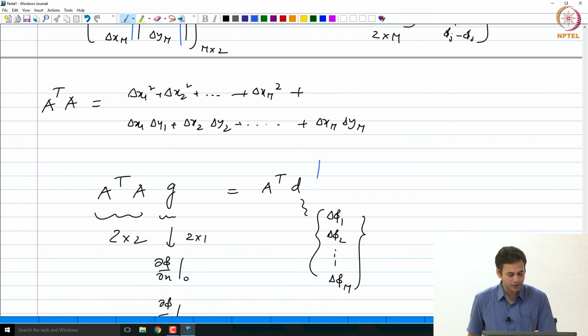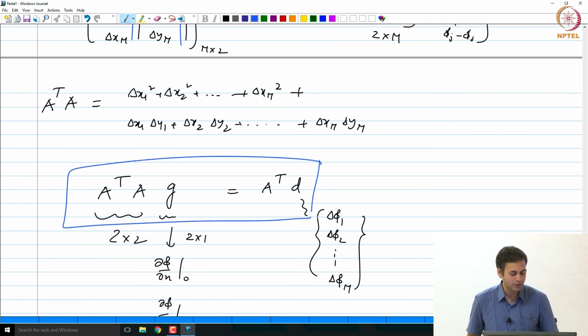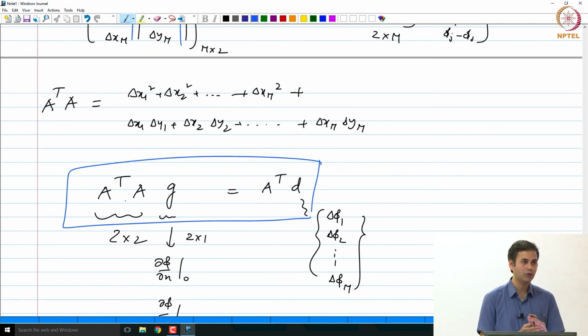Now, what is the size of this matrix here? 2 by 2 matrix, 2 by 1, and then we have 2 by 1. So, what do we need to do? We will have such a system, only one system for the entire mesh, or will it be different for different cells?